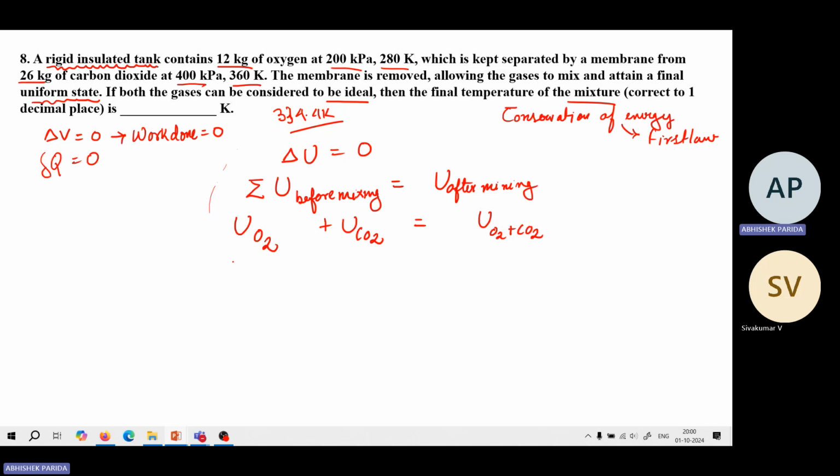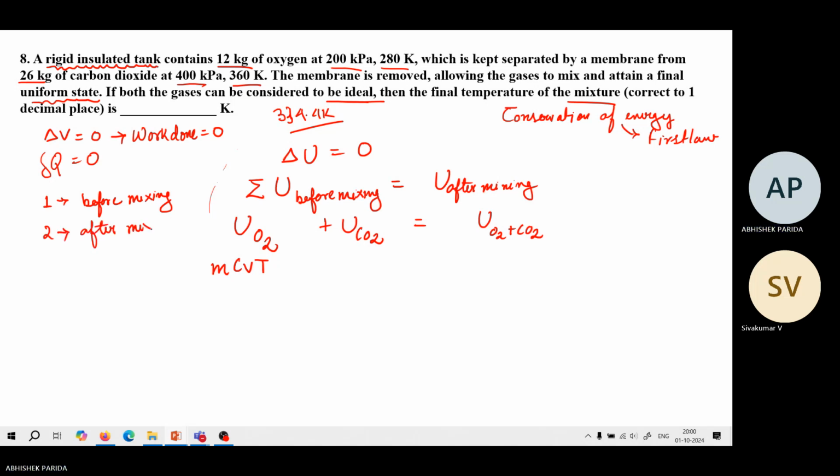Both are to be treated as ideal gas. And when you treat an ideal gas, what is the formula for U, the internal energy? It is m Cv T. Let us denote 1 as before mixing, 2 as after mixing. These are the state points.